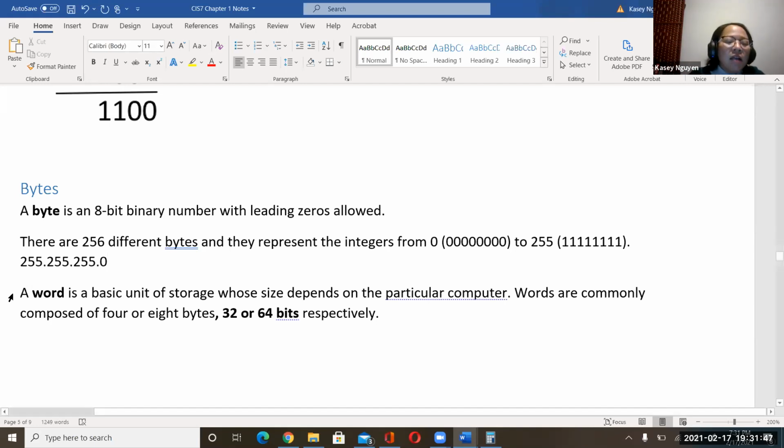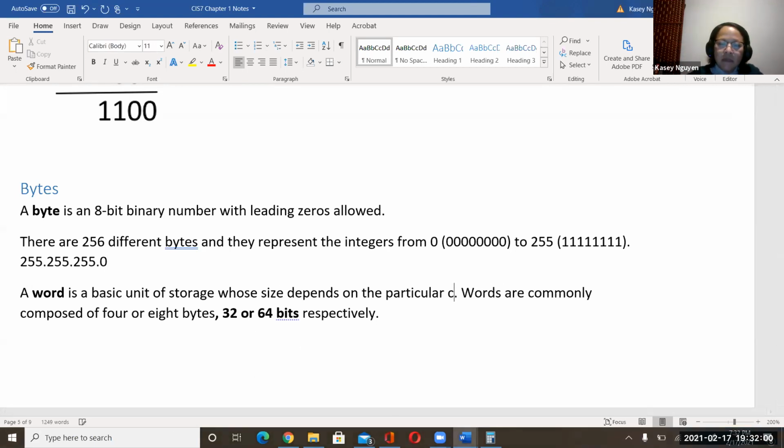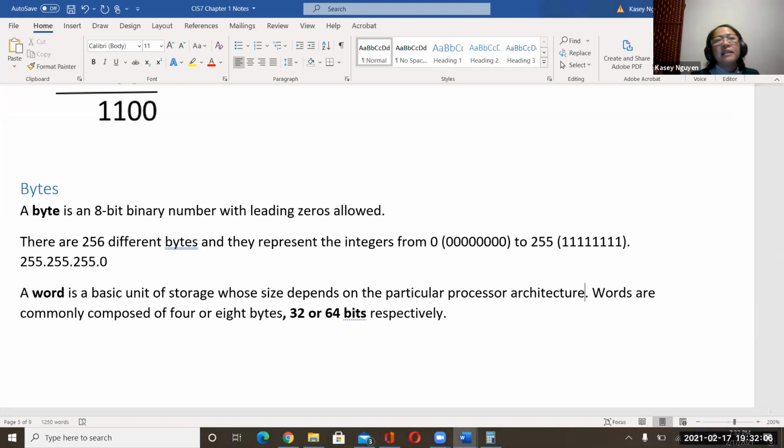Okay. A word is a basic unit of storage whose size depends on the processor. It says computer, but this should be processor architecture. And the assembly class CIS-7 addresses how to write instructions for processor programming.